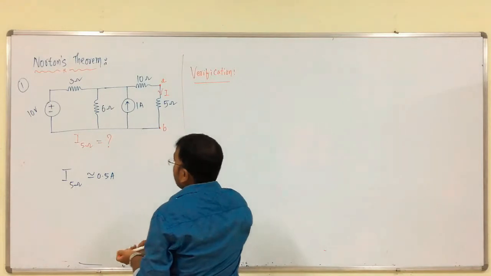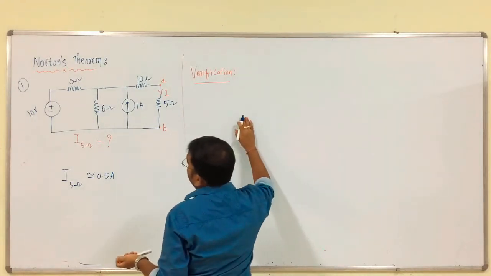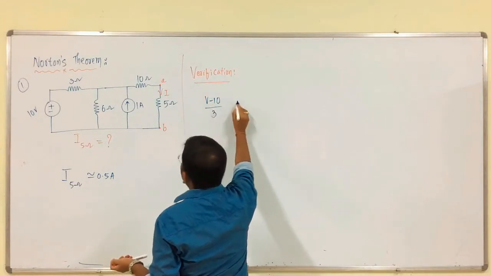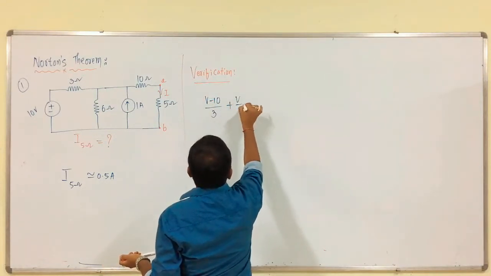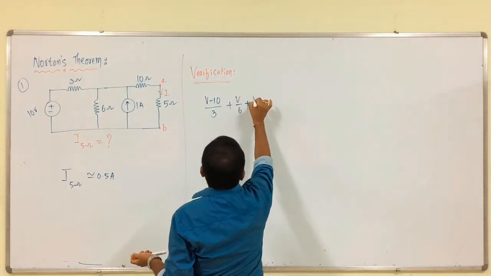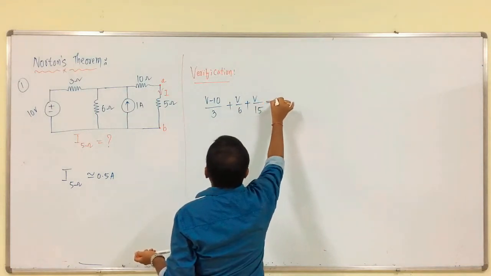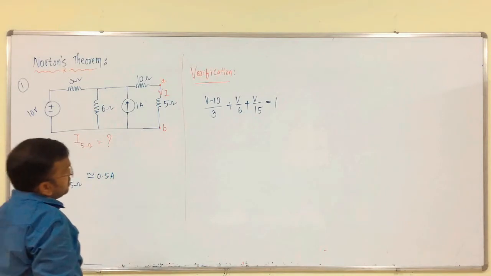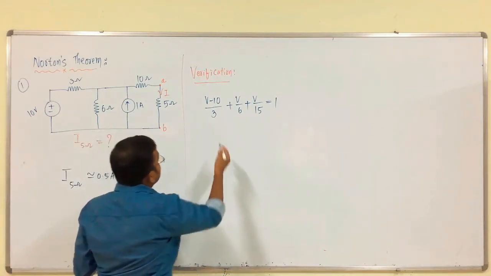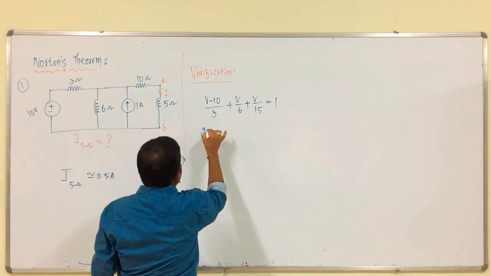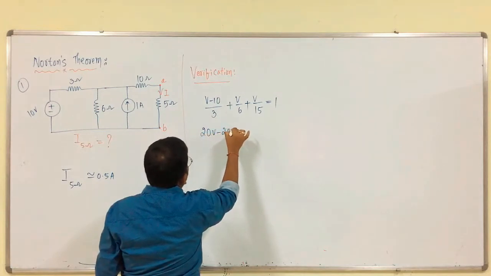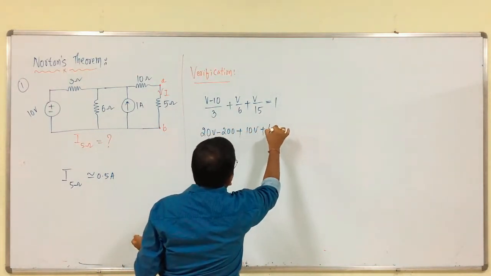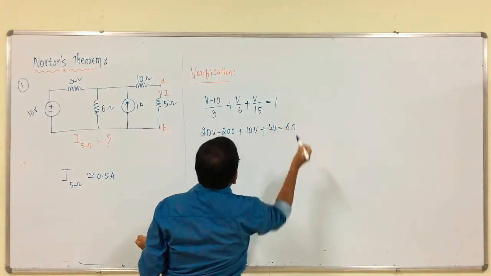Right? Simple, we have a simple node, that is it. That is (V minus 10)/3 plus V/6 plus V/15, which equals 1. Multiplying by 60, that is 20V minus 200 plus 10V plus 4V, which equals 60.